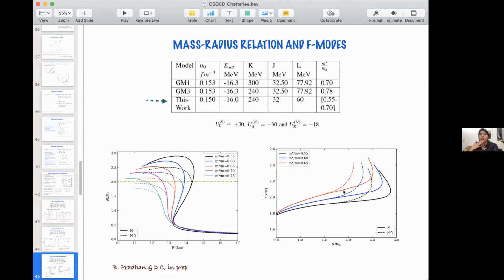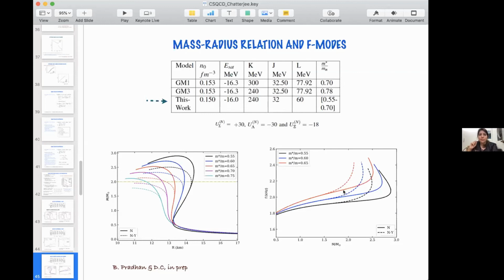So this is the most optimistic case when you consider oscillations to be excited in neutron stars. It has also already been shown that these F modes are related to the tidal deformability, so we might be able to find much more information with respect to F modes.